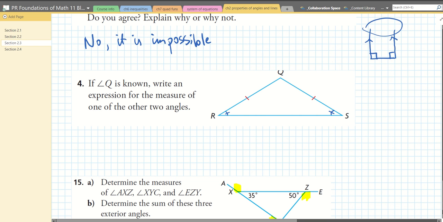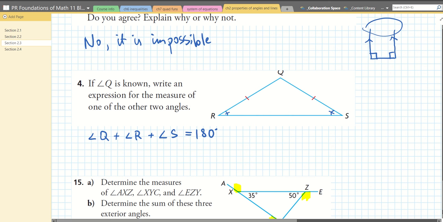If that's the case, you're going to end up with two angles on the corners here, R and S, which are going to be equal. And knowing that if you add all three together, they have to add to 180, we can say the following. Let's say that we have angle Q plus angle R plus angle S, all of this equal to 180 degrees.